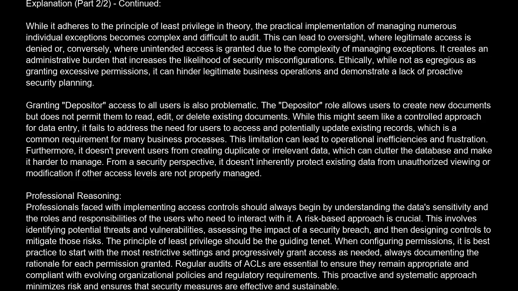In configuring permissions, it is best practice to start with the most restrictive settings and progressively grant access as needed, always documenting the rationale for each permission granted. Regular audits of ACLs are essential to ensure they remain appropriate and compliant with evolving organizational policies and regulatory requirements. This proactive and systematic approach minimizes risk and ensures that security measures are effective and sustainable.